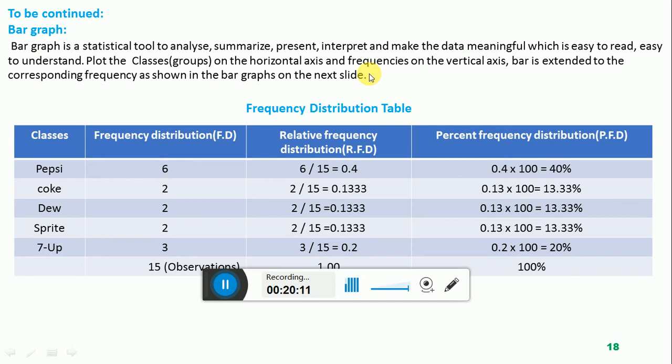In the bar graph we will plot the classes, the groups, the data items on the horizontal axis, and we will show the frequencies of each class or each data item on the vertical axis. Then we will extend a bar to the corresponding frequency, and this graph will tell us about the 15 purchases of 5 soft drinks. So I am switching toward the bar graph.